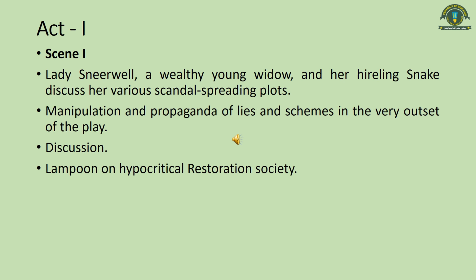So in a nutshell, we can say that The School for Scandal is a play by Richard Sheridan in which Sir Oliver attempts to gather information about his nephews so that he can decide which one to leave his fortune to.